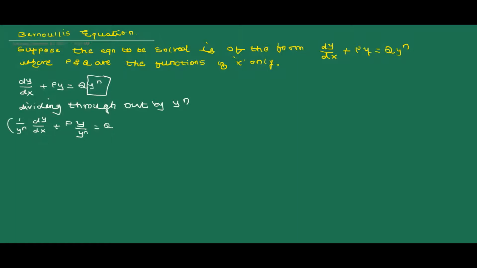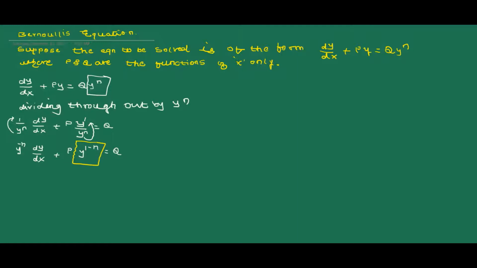If you transpose this y raised to n in numerator, you will get y raised to minus n dy divided by dx plus similarly p into, if you transpose this y raised to n in numerator, here the power of y is equal to 1, and after transposing you will get y raised to 1 minus n is equal to q.